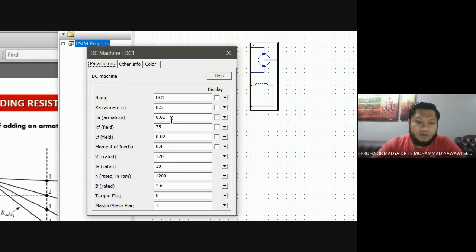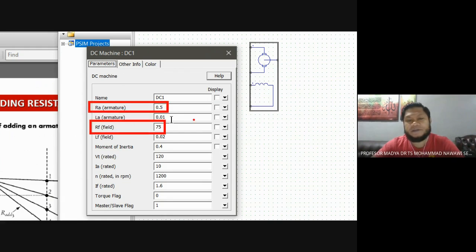Remember, your field winding resistance is always a lot higher than the armature resistance. So RF is normally 100 ohms or so, and the armature resistance is below that, or 1 point something. That is the standard value of armature and field winding resistance.